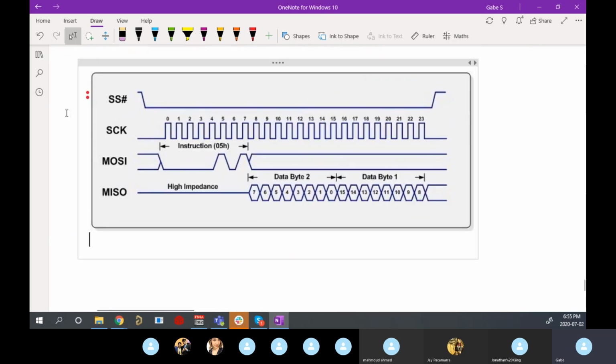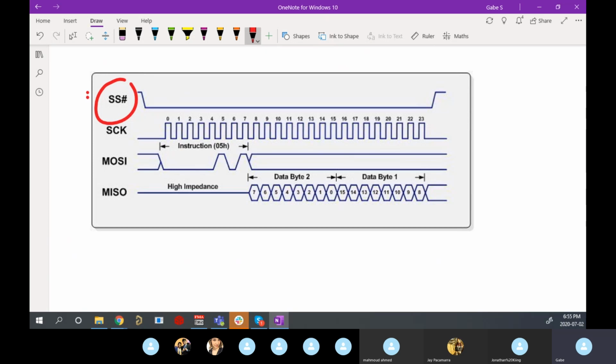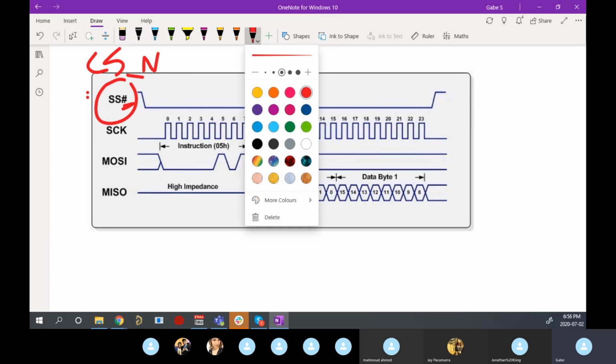Cool. So this is sort of what an SPI communication data burst would look like. Slave select, chip select, same thing. And you notice here they use that hash instead of an overbar. Again, active low, that's all that means.